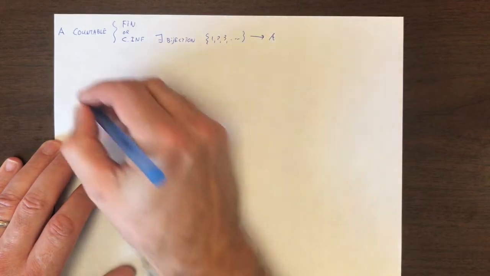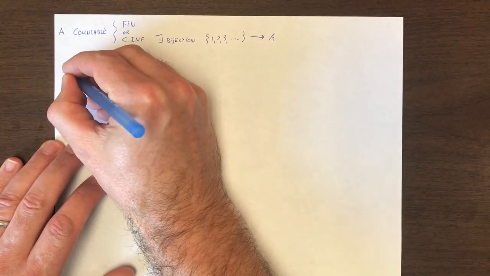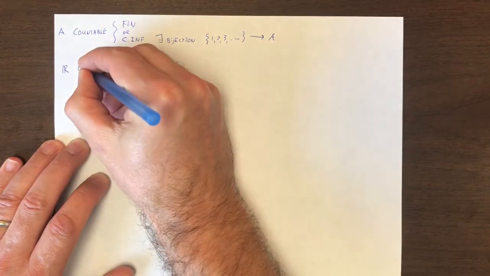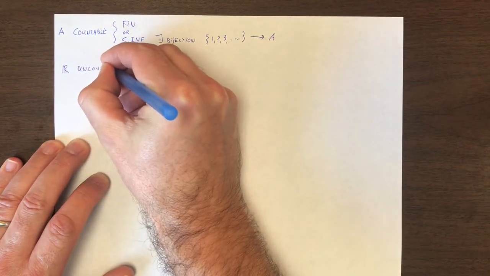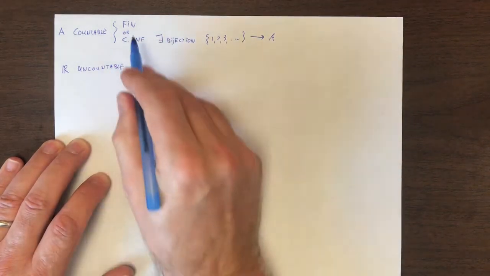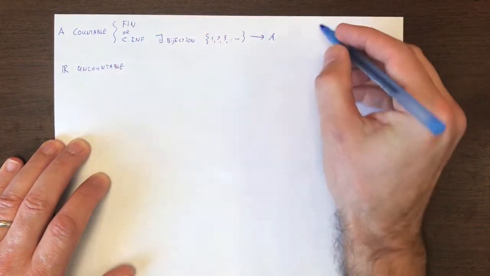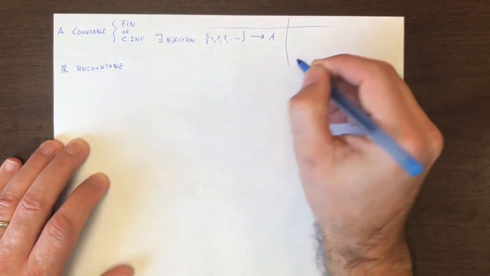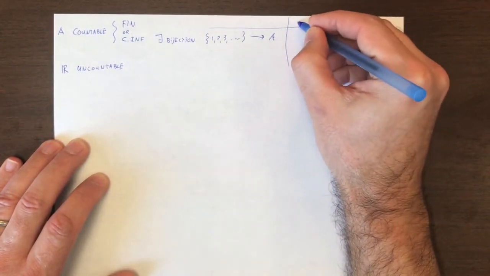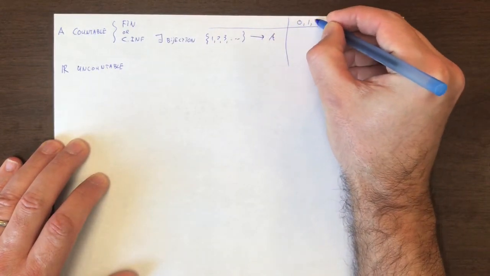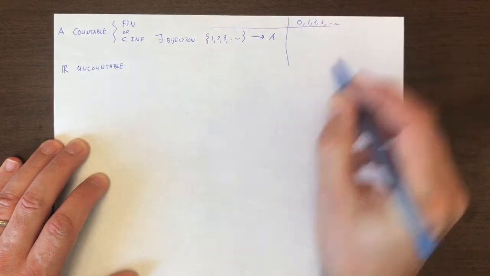Okay, so now we've learned that R is uncountable. For finite sets, we use these cardinal numbers: 0, 1, 2, 3, and so on.